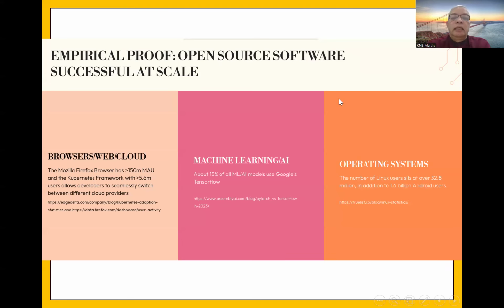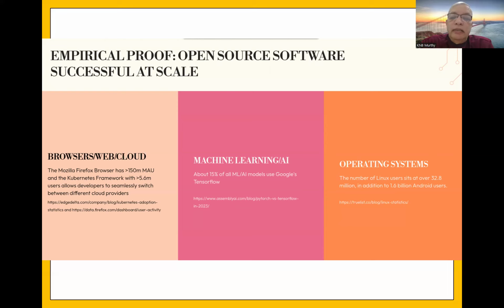Second, there's empirical proof as well. One empirical proof is that the use of open source is successful at scale. The browsers, the web, and the cloud. The Mozilla Firefox browser has more than 150 million users.